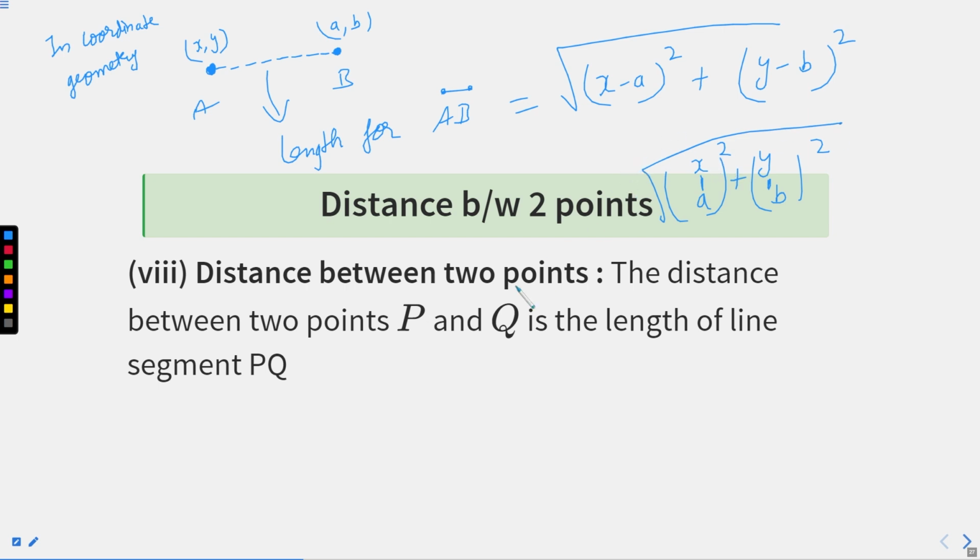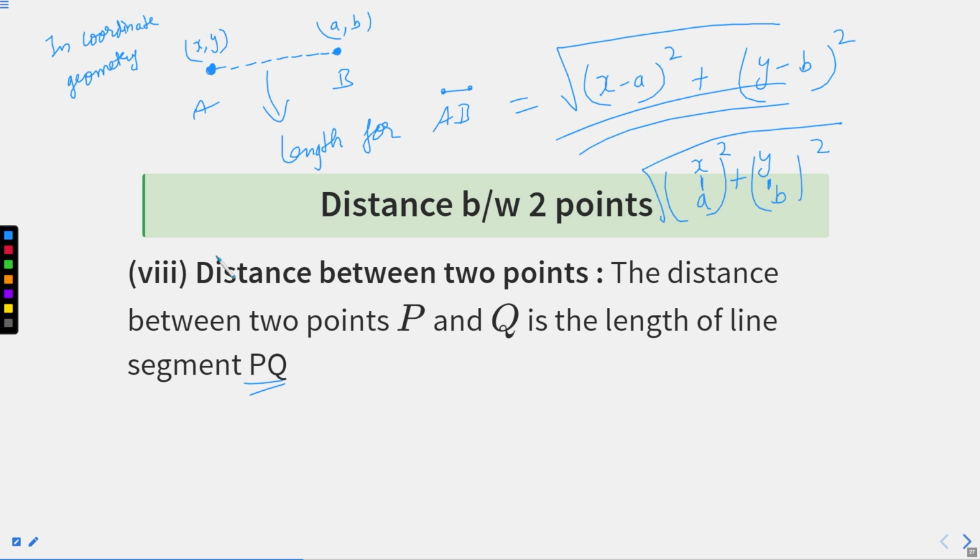Simple. So this is our formula to find the length of any line segment if 2 points are given to us. The distance between the 2 points P and Q is the length of the line segment PQ, which I have already told you.